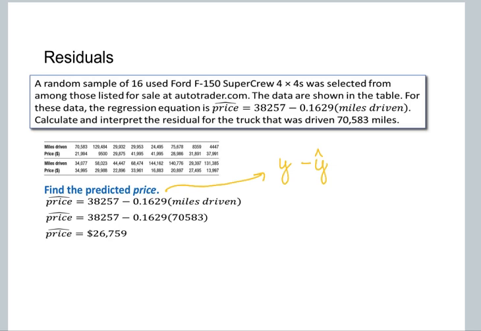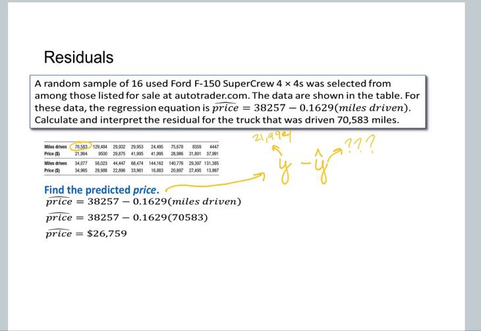However, notice something. I don't know the y value of the predicted price. I know that the y value for 70,583 is actually 21,994. That's what I know. You guys with me so far?